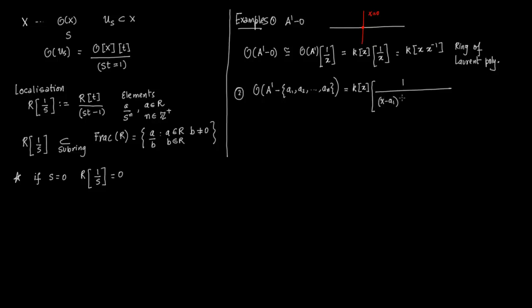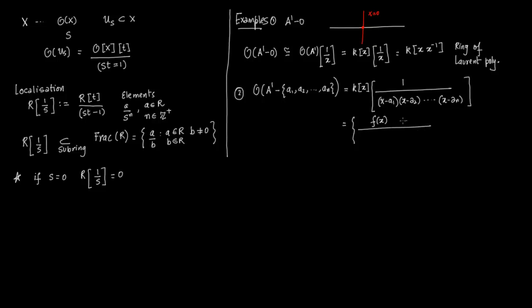So now you have to adjoin 1 by s. The polynomial s in this case is (x minus a1)(x minus a2) all the way to (x minus an), and the ring R is k[x], because A^1 was the original set X from which we took out a finite number of points to get U.